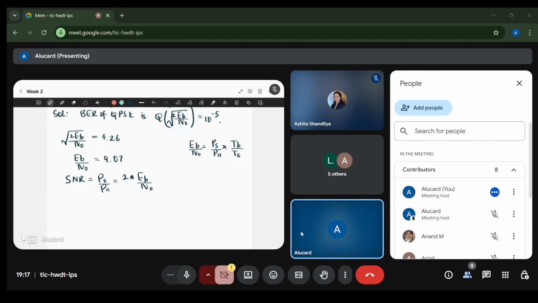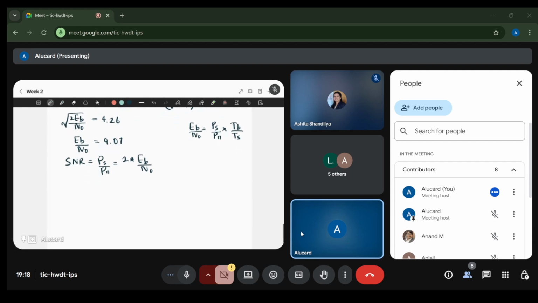Since QPSK has 2 bits per symbol, symbol duration is twice the bit duration, so we get an effect of half. Here it's the other way around, so PS by PN is twice EB by N naught. This is 18 point something.